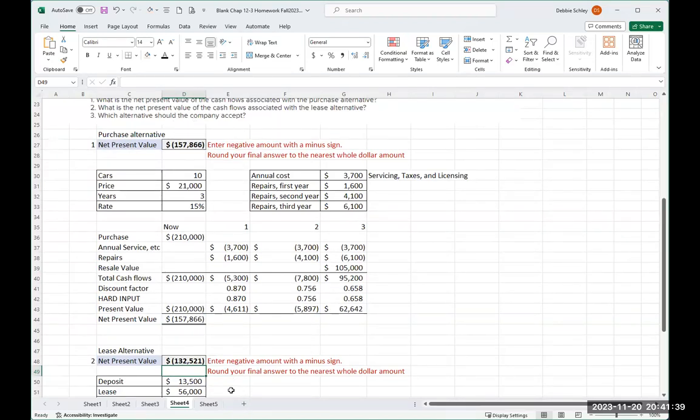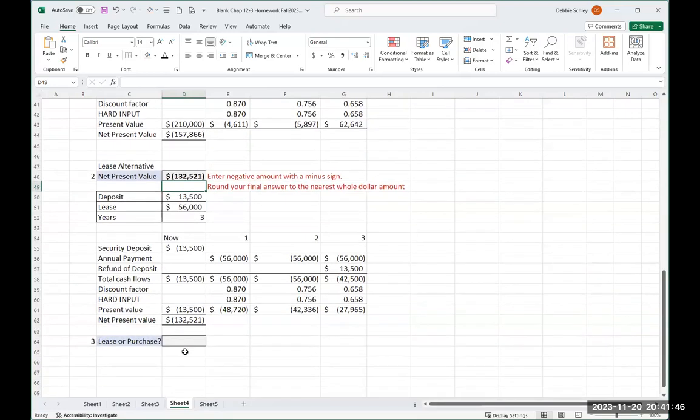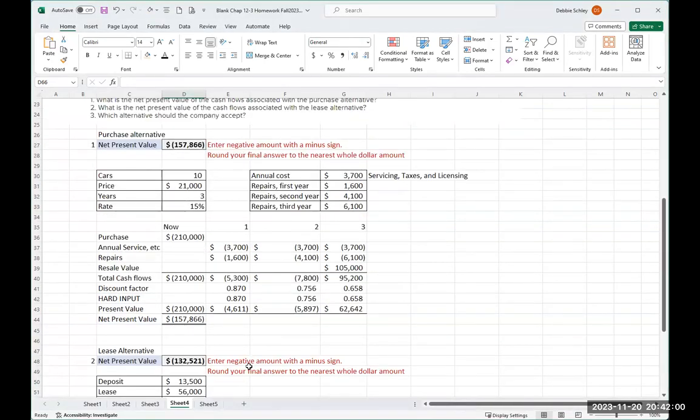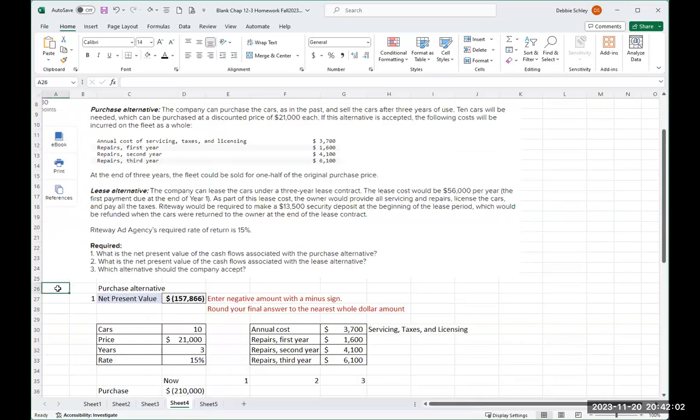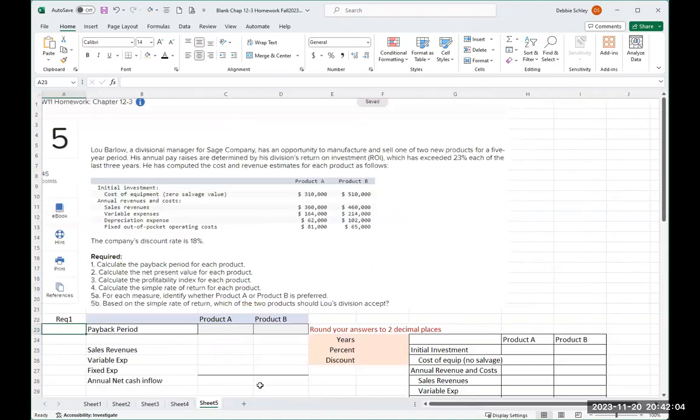Which one is less negative? Which one is going to cost me less, and the lease alternative is going to cost me less. So that's what they're going to choose. Okay, so that leaves everything you need for question 4.